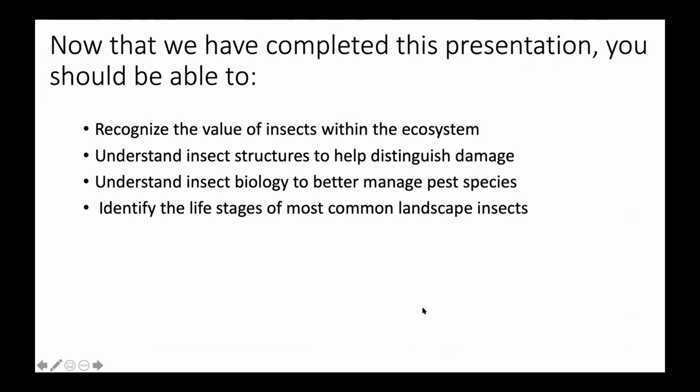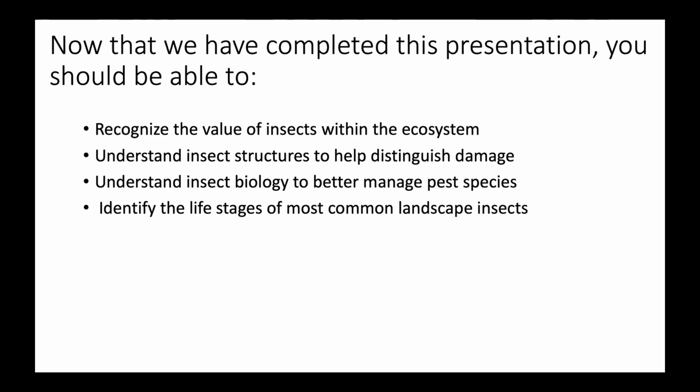So to wrap this up, I'm hoping that you learned something from this and didn't get too tired, and that you've recognized some of the value that insects have in our ecosystem, and understand some of the structures that help distinguish them from each other, help distinguish some damage compared to diseases or different pathogens, and understand a bit about insect biology so we can better manage pest species and take care of ones we don't think are pests.